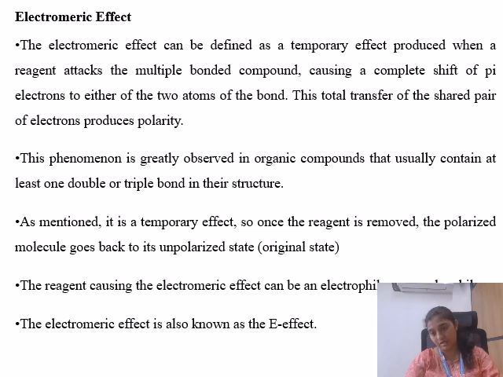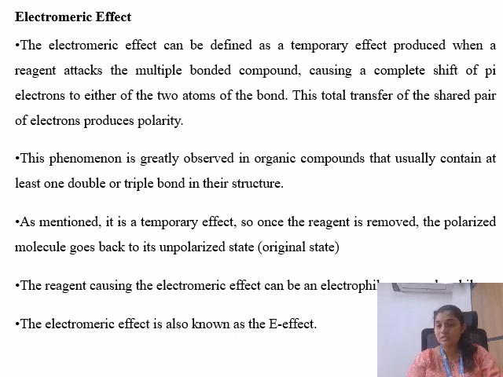Why are we calling it a temporary effect? Because in a reaction, reactant plus reagent will be there. The reagent will attack the reactant, and that reactant has negative and positive charge, that is, carbon and oxygen have positive and negative charge due to the electromeric effect.